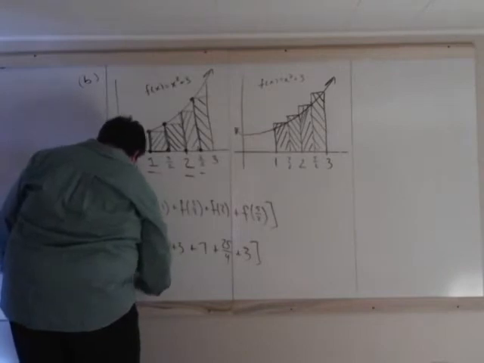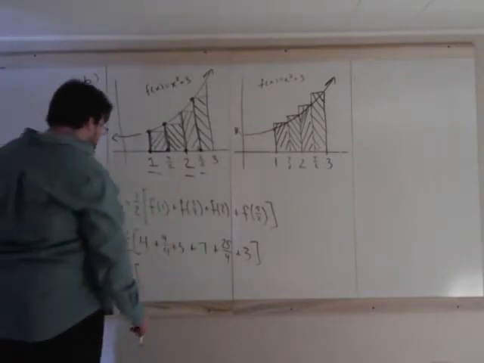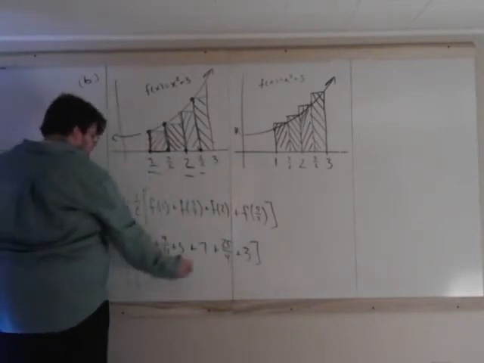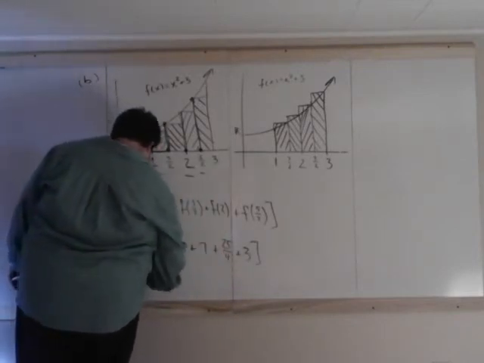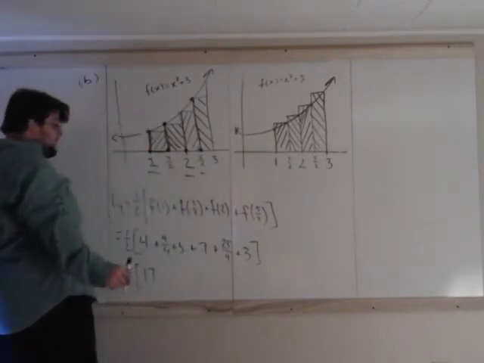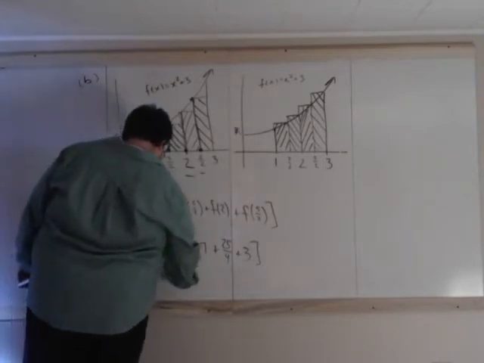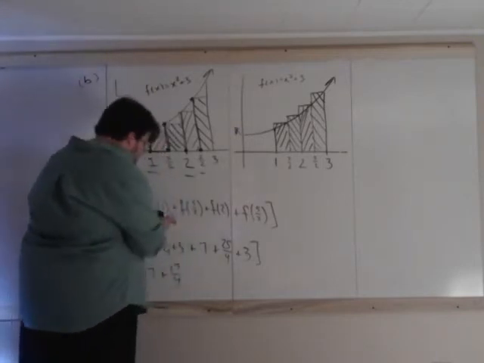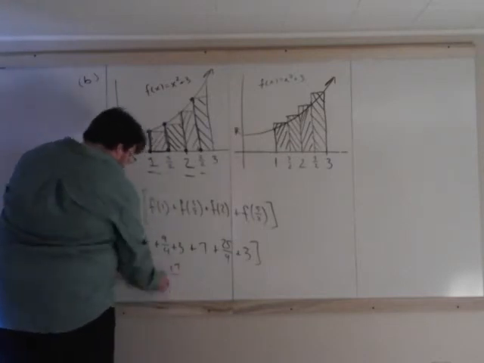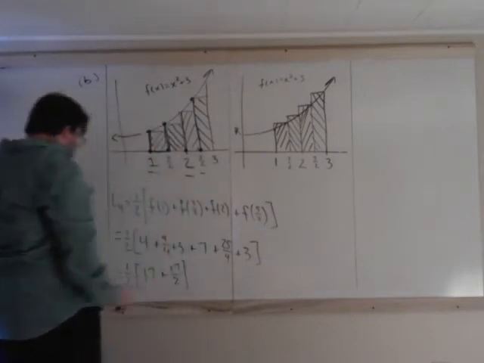You could do them in order. I think it's easier to not do that. 4 plus 3 plus 7 plus 3 is 17, because it's 10 plus 7. 17. 9/4 and 25/4 makes 34/4. 34/4 does not equal 17/4. 34/4 equals 17 halves. Now, how can you do this?